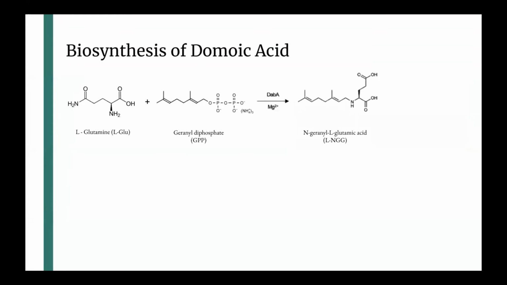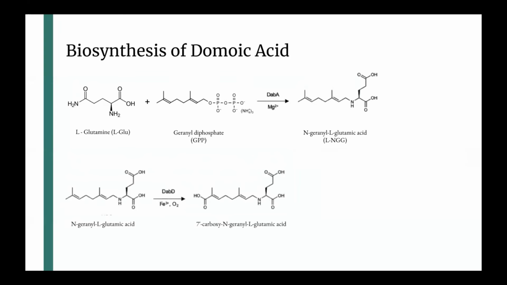The biosynthesis of domoic acid begins with glutamic acid and geranyl pyrophosphate building blocks and is catalyzed by DabA, a magnesium-dependent enzyme to yield N-geranyl L-glutamic acid, or L-NGG. L-NGG becomes oxidized by DabD 3 times at the 7-methyl of N-geranyl L-glutamic acid to produce 7-carboxy N-geranyl L-glutamic acid, shown here.